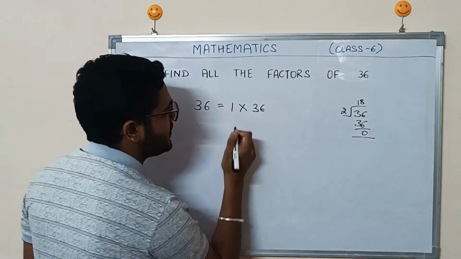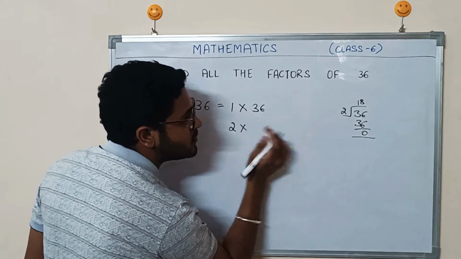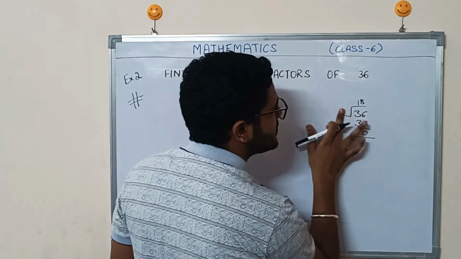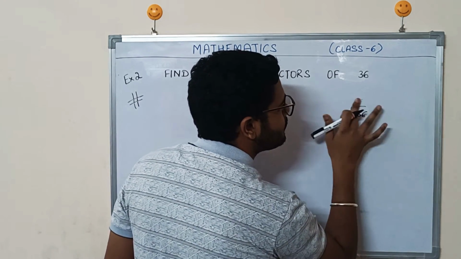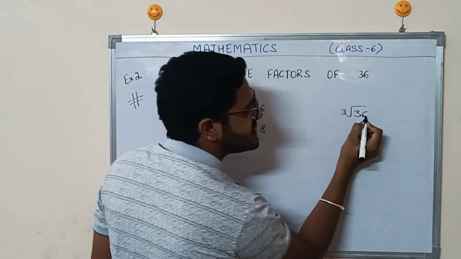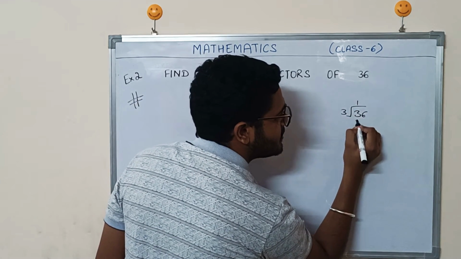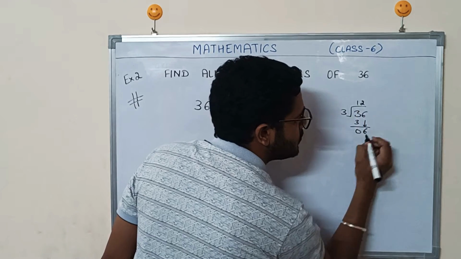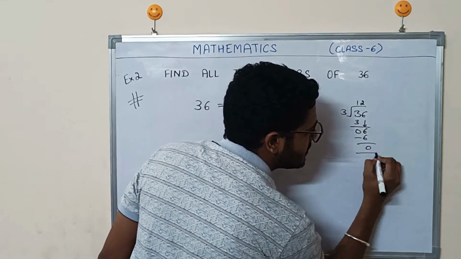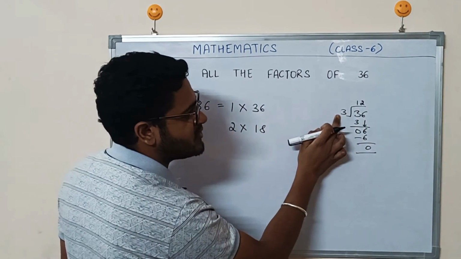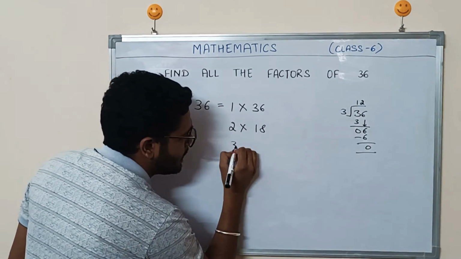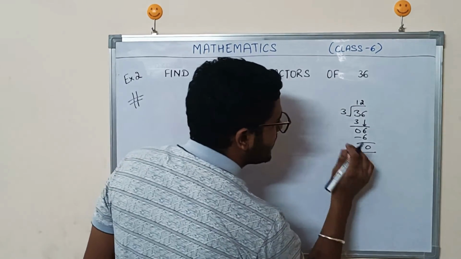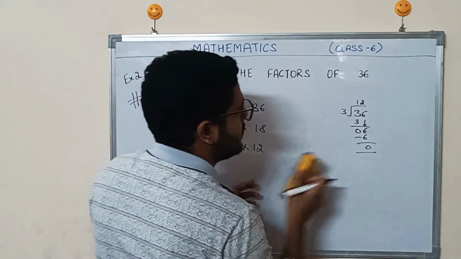Then 2 is also a factor: 2 into 18. Now let's try this with 3. When 36 is divided by 3, we get 12 and the remainder is 0. Which means 3 into 12. Let's try this with 4 now.